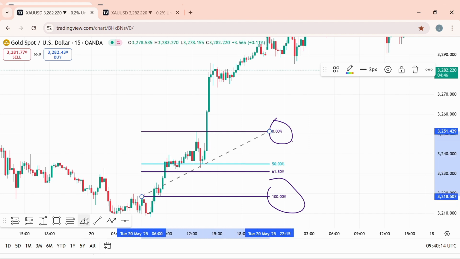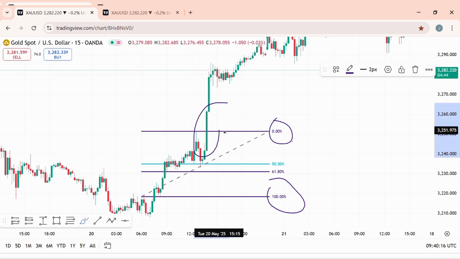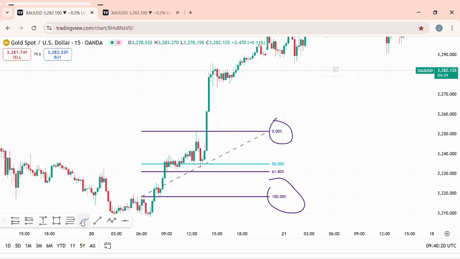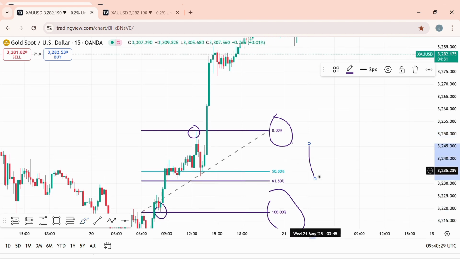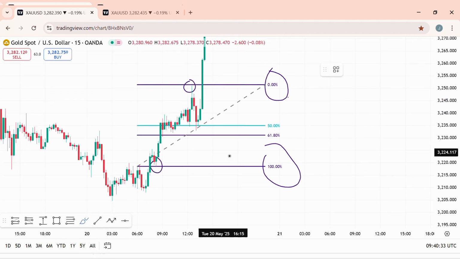Now assume this move had not been created. You draw your fib levels from here to here. After drawing, we are interested in this part. I told you that we're interested in 50 and 61.